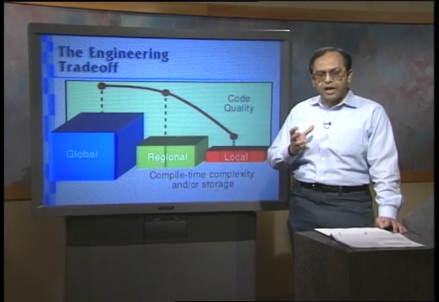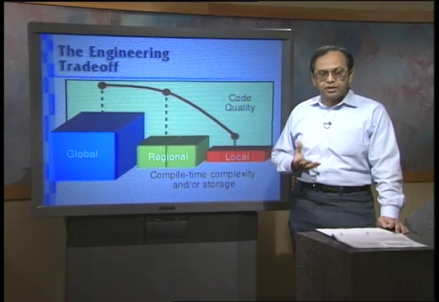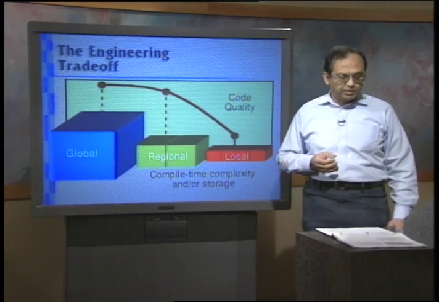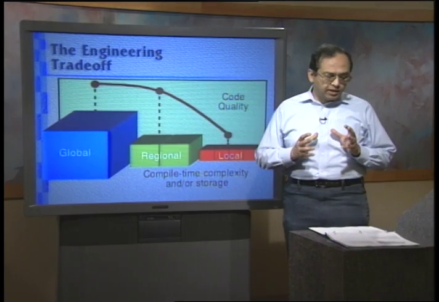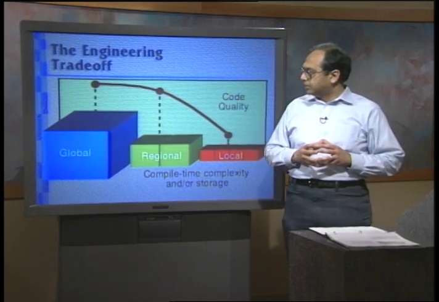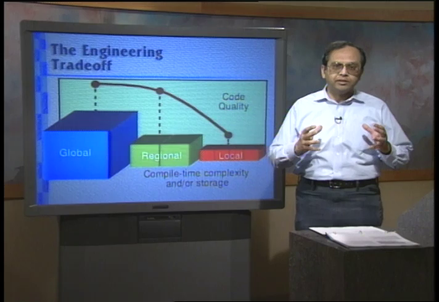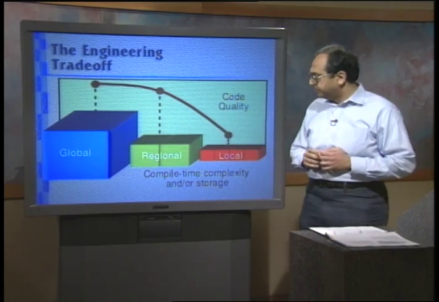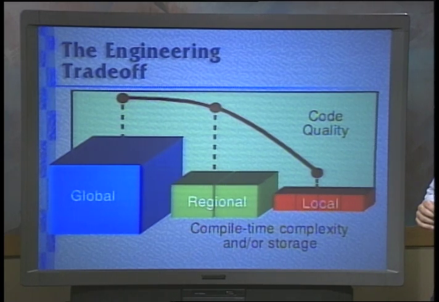There are algorithms which have much greater complexity, but which don't buy you that much more than other ones. But the point that I want to make here is this issue of subdividing the program unit into smaller units to control the complexity. Let's say we have an algorithm that is n cubed in complexity.